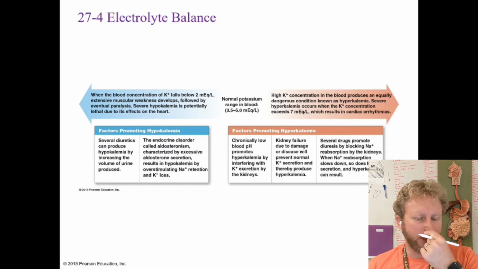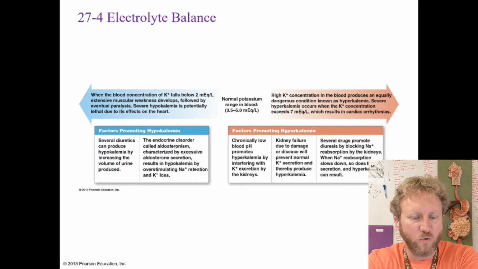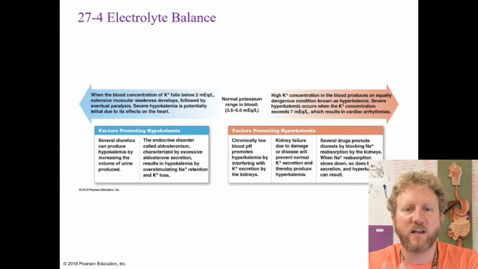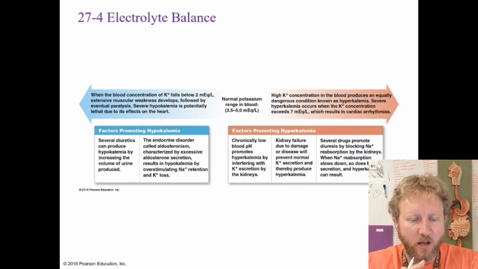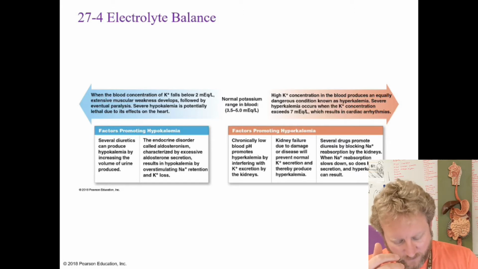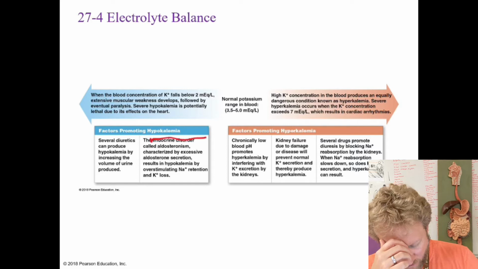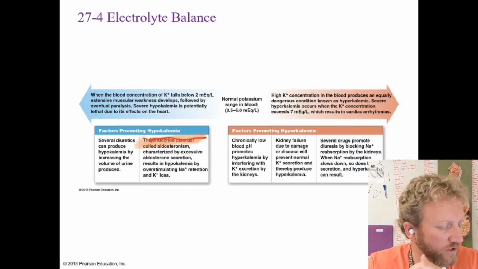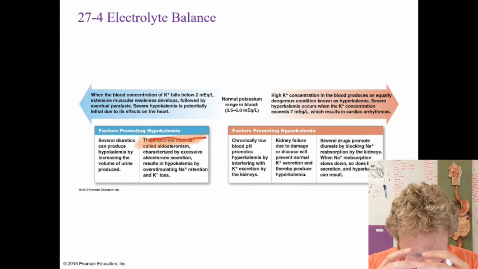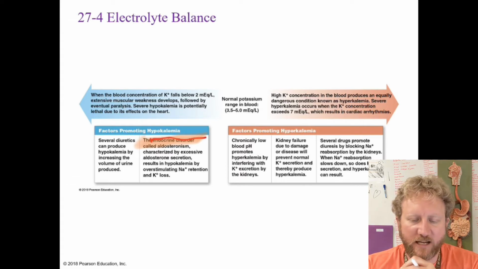Disorders of potassium imbalance include hypokalemia. Hypokalemia is not enough potassium in the bloodstream. For example, this is caused by an endocrine disorder with excessive aldosterone secretion, which leads to overstimulating sodium retention and potassium loss.